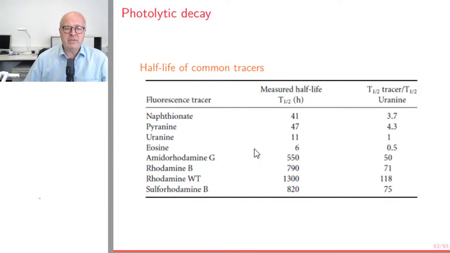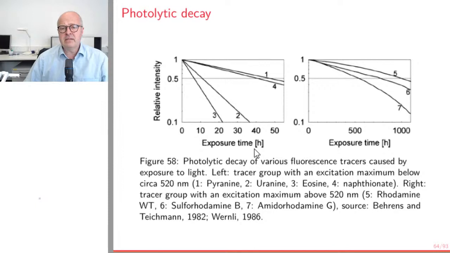We have done this in Italy, applied uranine in the Etsch Adige river during night time, injected at 8 o'clock at night and measured until 5 o'clock in the morning. Until 5 o'clock in the morning, this was perfect. This was possible. Now, the photolytic decay can be expressed on a half logarithmic scale. You get straight lines, and with this diagram you can project or calculate the loss that occurs during a certain time.